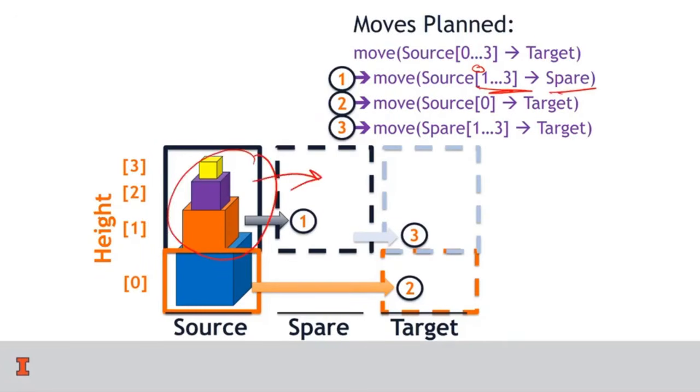The second thing was to move that bottom block from the source to the target. And then the third step was we have all of these blocks here on the spare, and we need to move those spare blocks onto the target. The combination of these 3 steps makes it so that we can move the entire tower from the source to the target. Of course, each of these steps themselves may require a number of sub-steps.